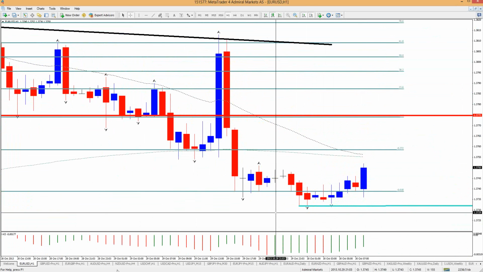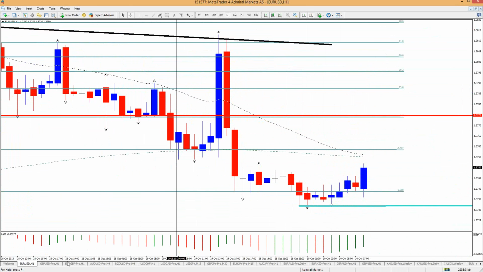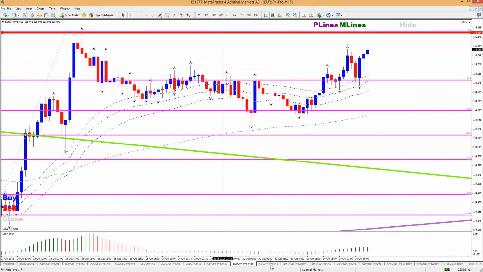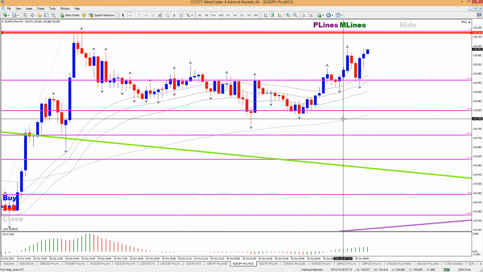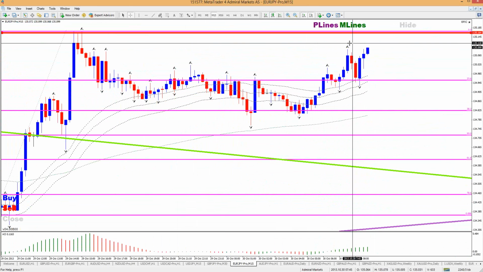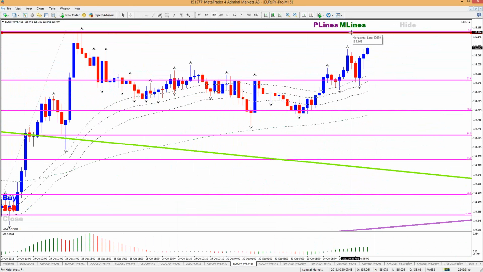Because the euro dollar is moving up, the euro yen should be getting some traction indeed, which is good for me at least. And we're approaching the top. Yeah, I think we are.